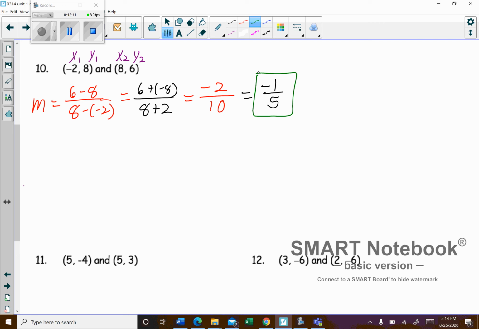Okay, so I'm going to use that slope. I'm going to pick a point. I'll pick the first point this time. And let's go ahead and plug in our values.